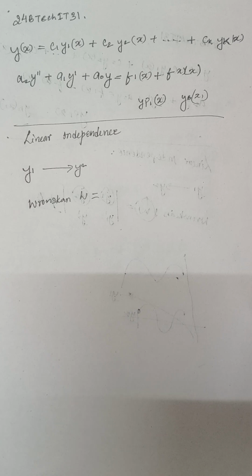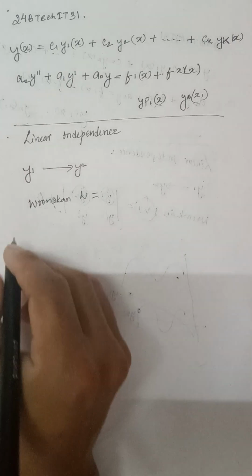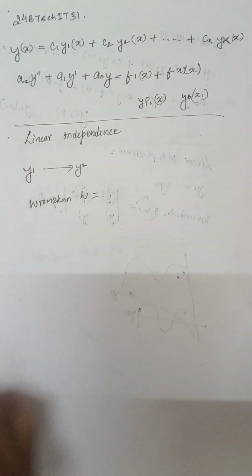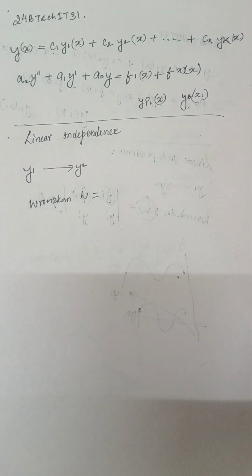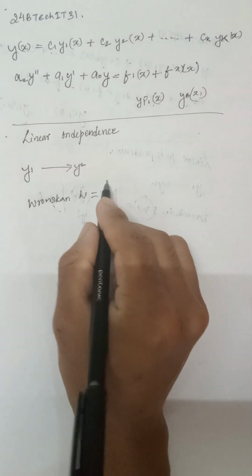For example, say we have two solutions y1 and y2 that we want to show are linearly independent of each other. The Wronskian for two functions will look something like this.